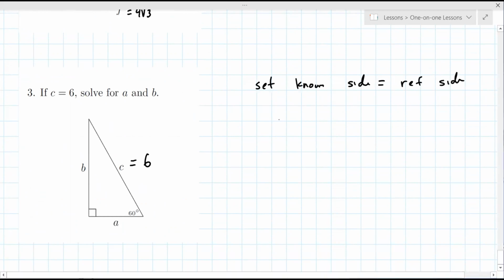The hypotenuse is 2x, so you set 6 equal to 2x. If you're not sure where that comes from, that's the reference triangle. Let me grab a snip of it here.